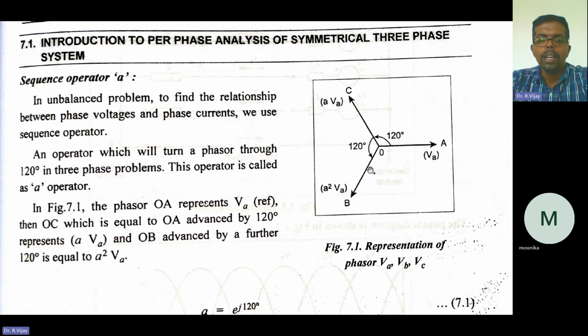Similarly, OB is further advanced by an angle of 120 degrees and equals A squared VA. So here it is A into VA, and here one more A is added, so it is A squared VA.